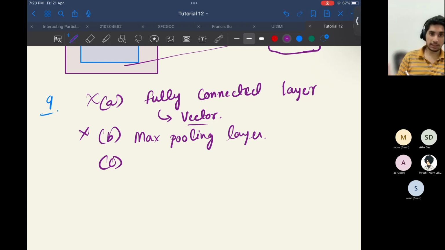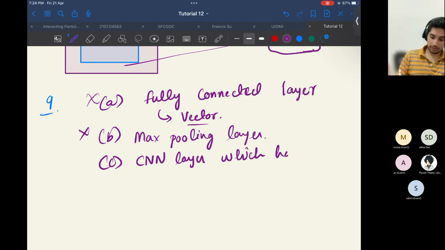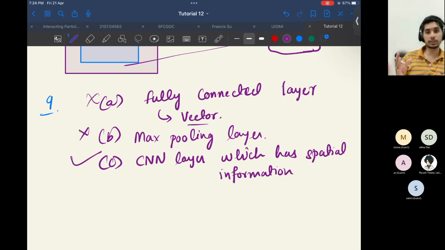The C option is saying a CNN layer which has spatial information. This is the correct option, because that is what we want. We want to get the spatial information.